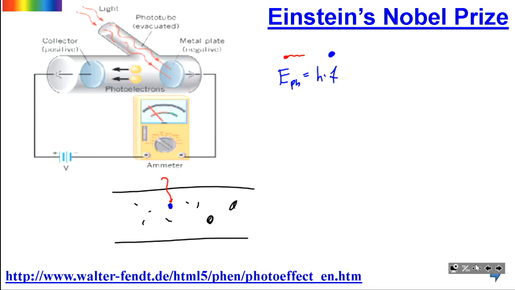The base case scenario, it travels to the surface by the shortest path, and if there is still enough energy, gets outside, and if there is still enough energy, might travel away having a certain speed. That's it. Of course, not every electron travels by the shortest path, so they might wander and it might require more energy to bring them outside, but at least some of them might travel by the shortest path.